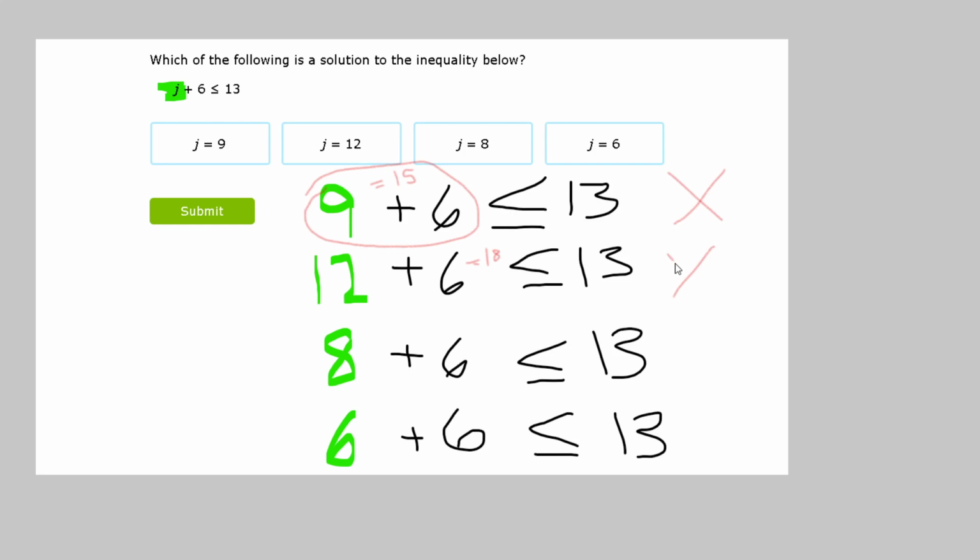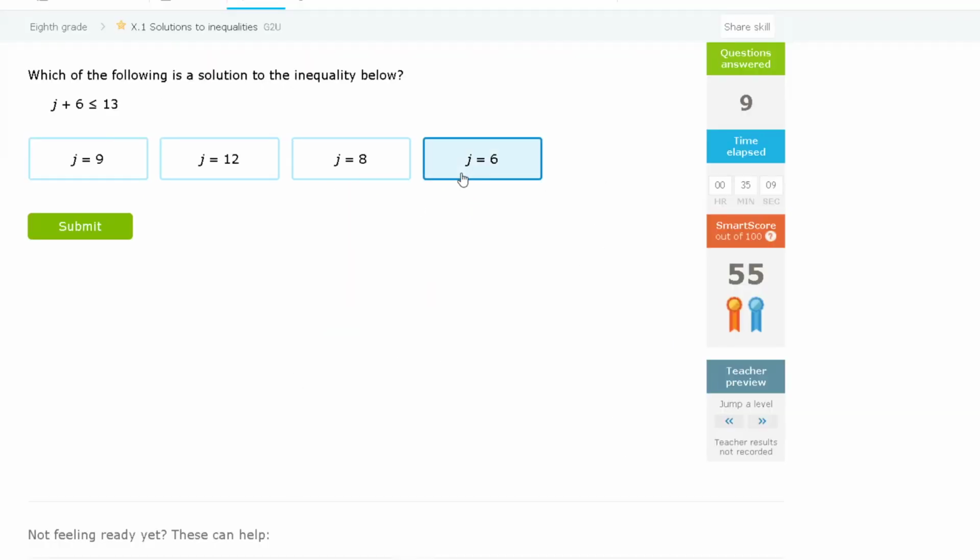This also won't work. 8 plus 6 is equal to 14. 14's still not less than 13. But 6 plus 6 is equal to 12, and 12 is less than 13. So that works. So it has to be 6.